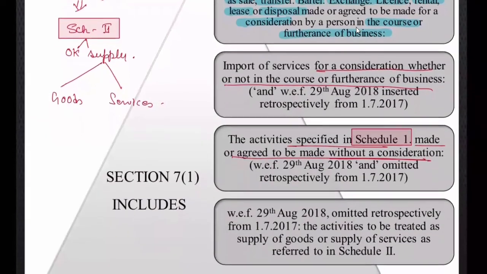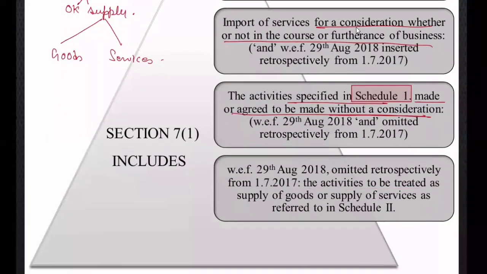See, it is written: activities to be treated as supply of goods or supply of service as referred to in Schedule 2. So once you read Schedule 2, you will come to know why I was saying that rent is a service. Because they have said very clearly that anything where you are providing a right to use is always a supply of service.